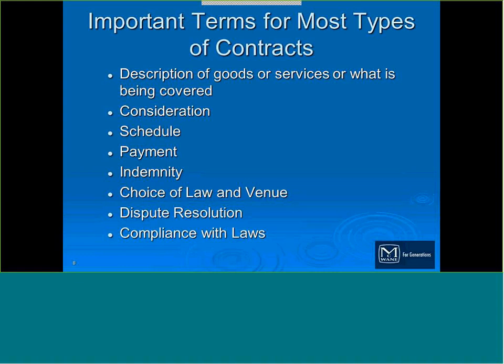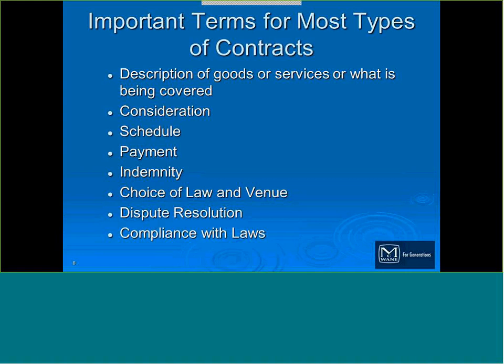And then compliance with laws, requiring the parties to comply with applicable laws, including things like anti-corruption and employment opportunity. And lately, the state of California has put something in that requires us to talk about anti-slavery and human trafficking.